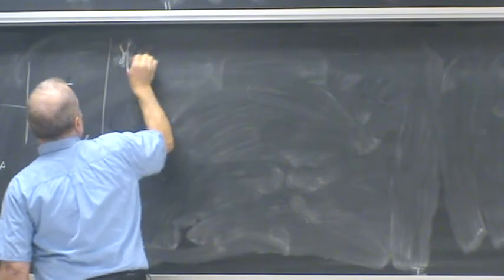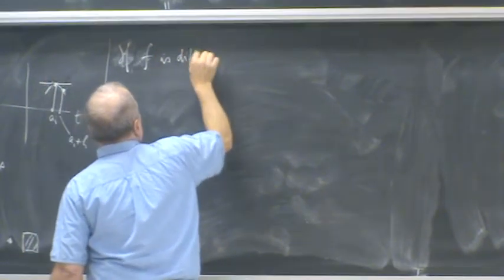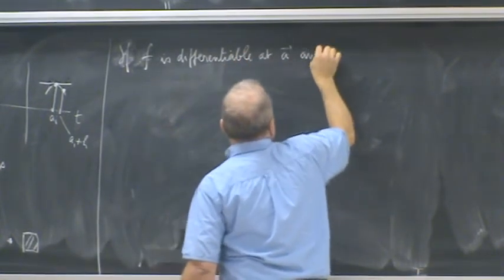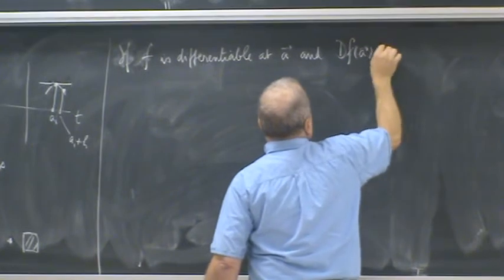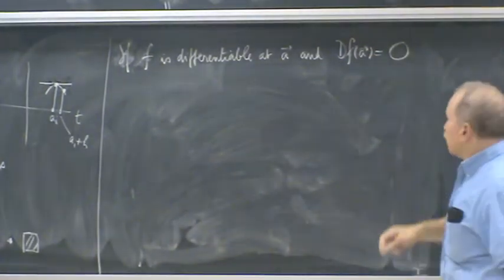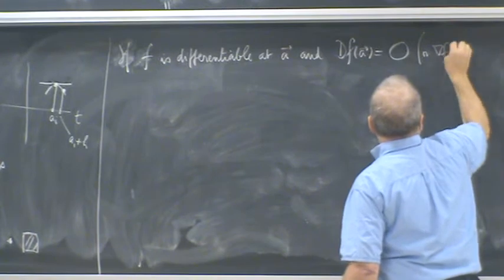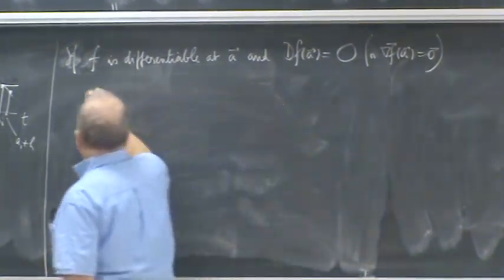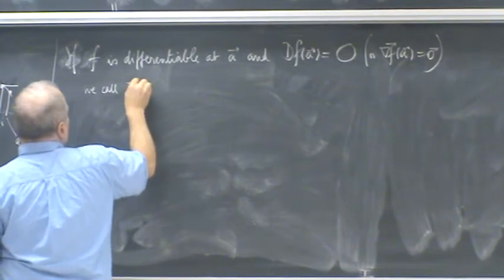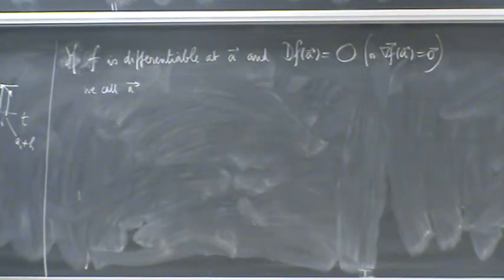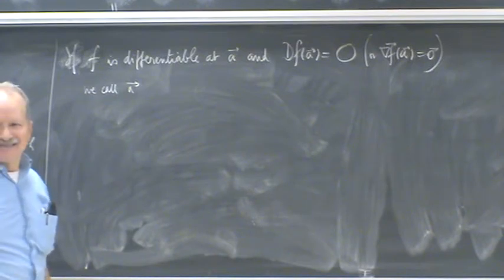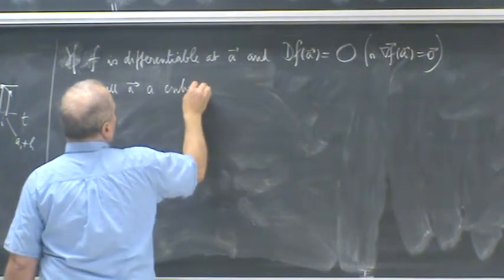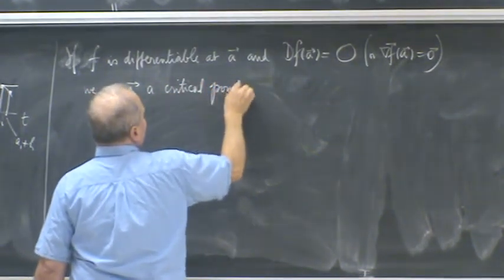If f is differentiable at a, and the derivative matrix is the 0 matrix, or the gradient vector is 0, either way you prefer to think of it, we call a critical.